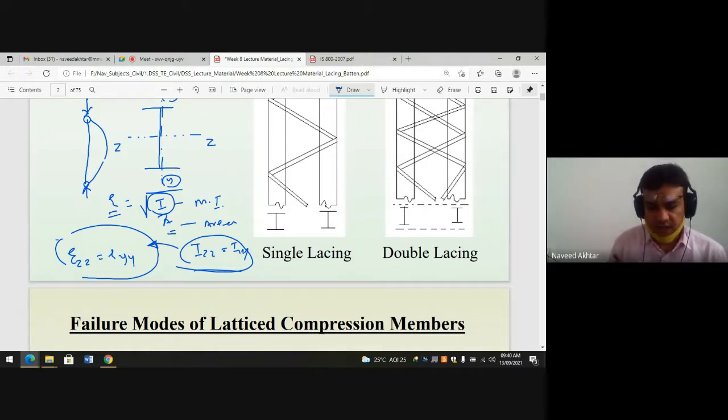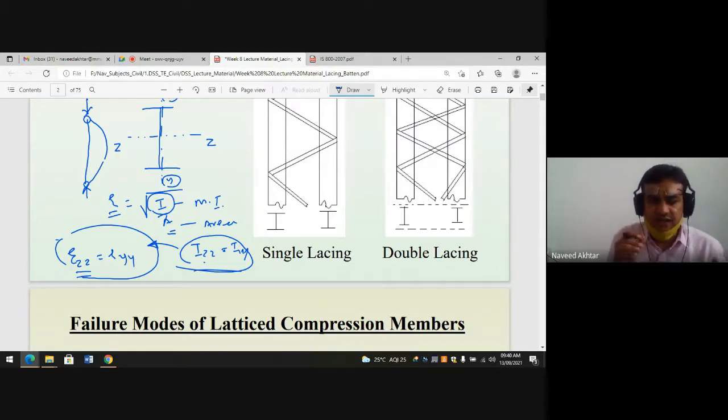So what happens if you choose a single rolled steel section? About one axis, mostly the minor axis, the y axis, the moment of inertia is very less, and that is why our section is weaker about the minor axis. To strengthen the section, we make IZZ equal to IYY, which means that RZZ is equal to RYY.